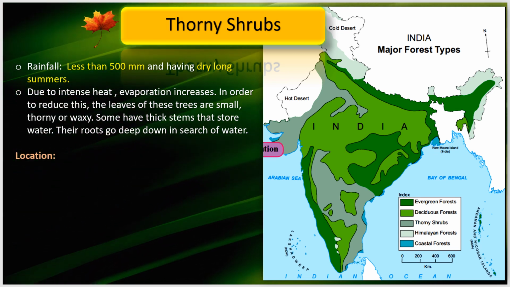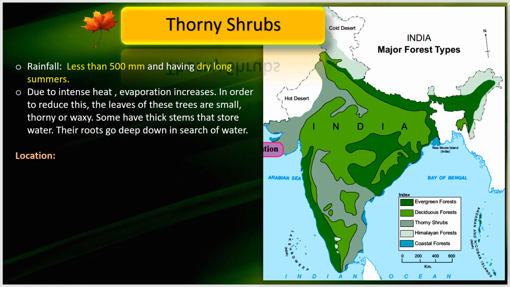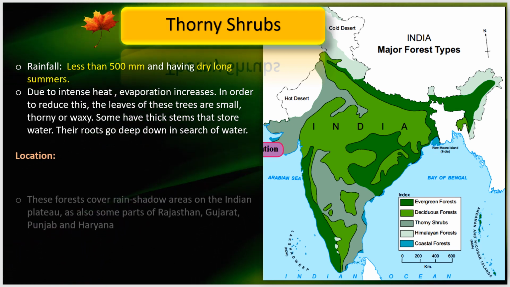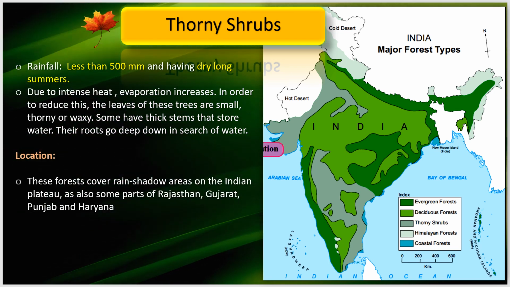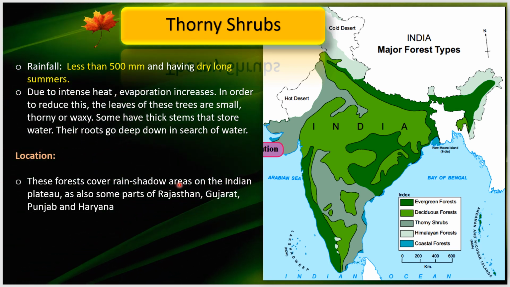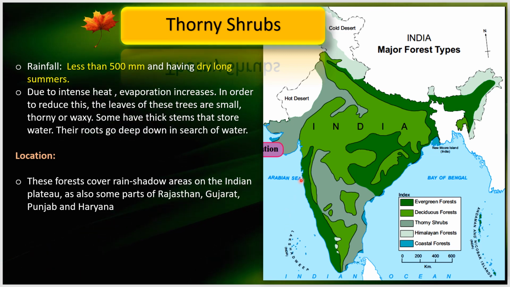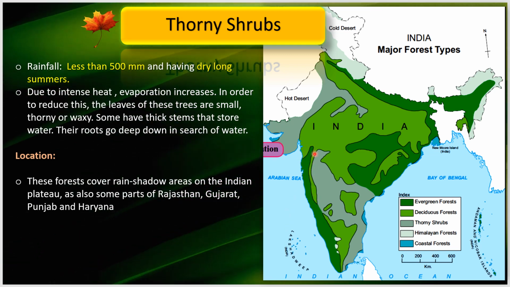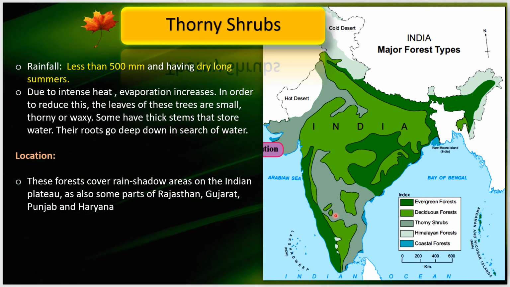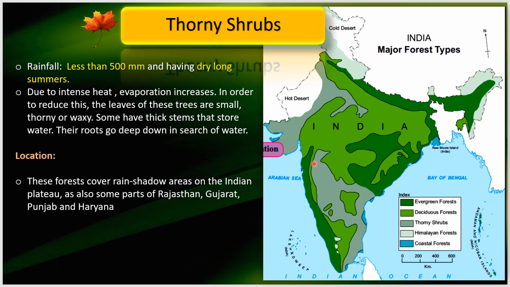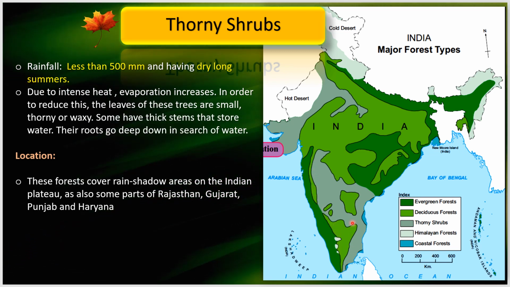Now, where these types of forests are found: these forests cover the rain shadow areas on the Indian plateau. So this is the rain shadow region. This is the leeward side, if you remember, of the Western Ghats. That's the reason this is the rain shadow region of the Indian plateau.